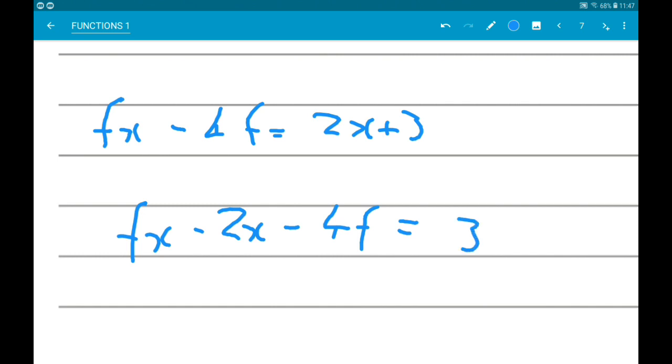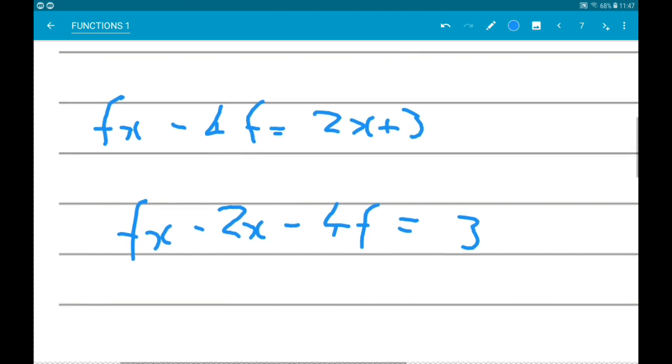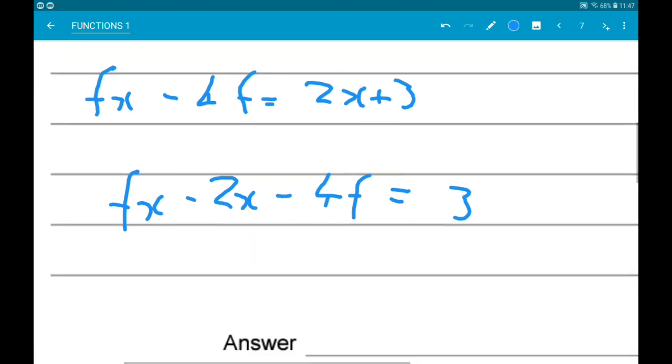The next thing we need to do is get rid of any term not containing an x. So we're going to add 4f. So we get fx minus 2x is equal to 4f add 3.